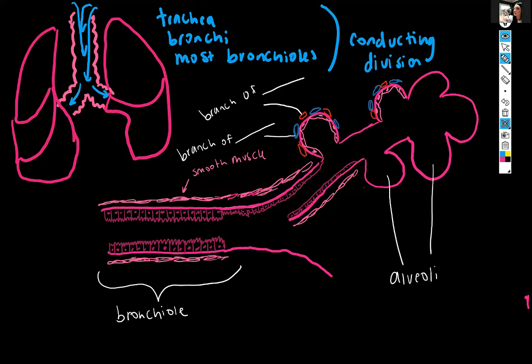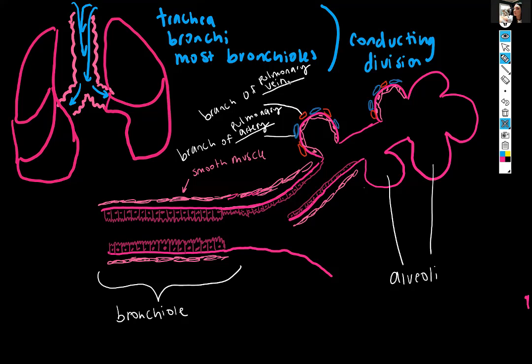So remember in the pulmonary division, the colors are switched because blood is going away from the heart, but it's oxygen poor. And so yeah, the blue guys here are gonna be a branch of the pulmonary artery, and the red ones will be branch of the pulmonary vein.